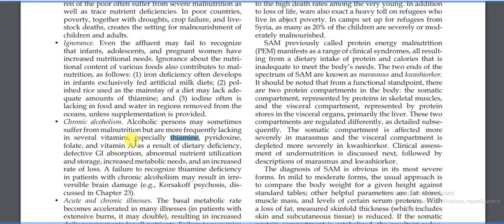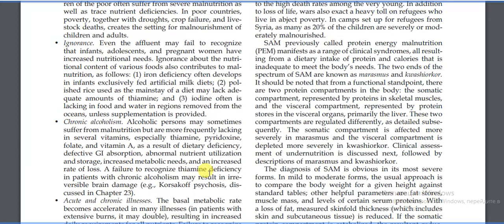We discussed in alcoholism that it causes defects in the gastrointestinal tract, and nutrient utilization is also a challenge there, and of course it leads to failure of normal absorption and usage in the body.